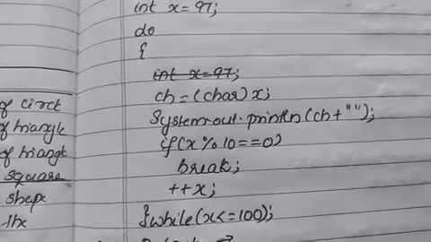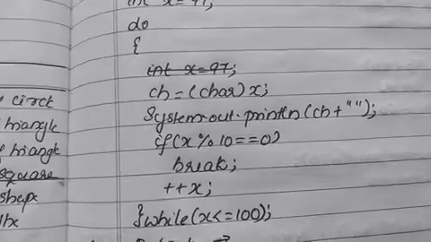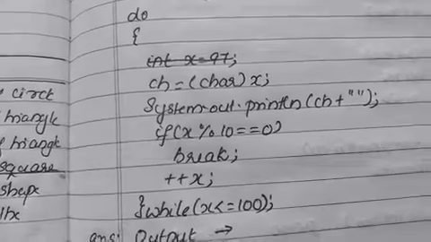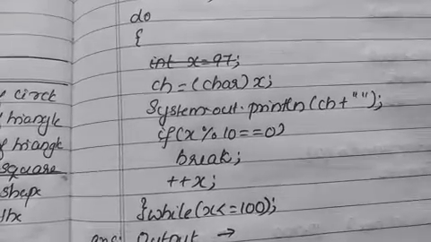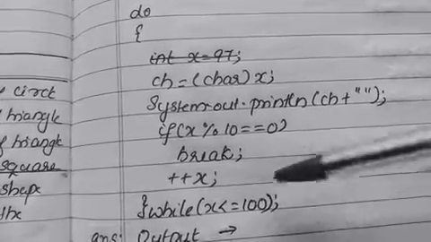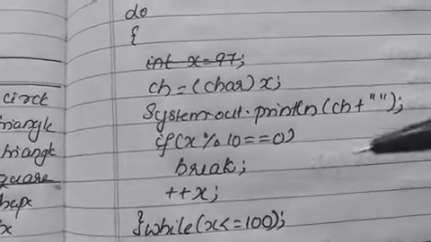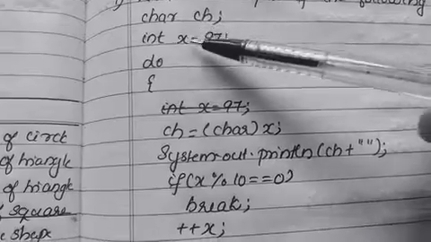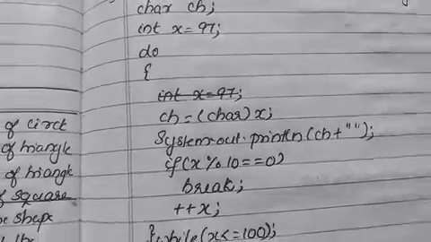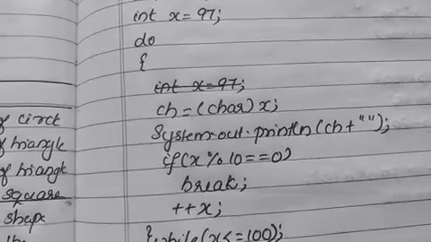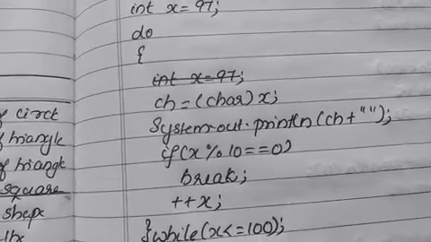All of you know do while is a looping statement, and it's an exit control loop where we check the condition at the end of the block of code. As you all know, there are three parts in a looping statement: initialization, condition checking, and updation, that is incrementation or decrementation.